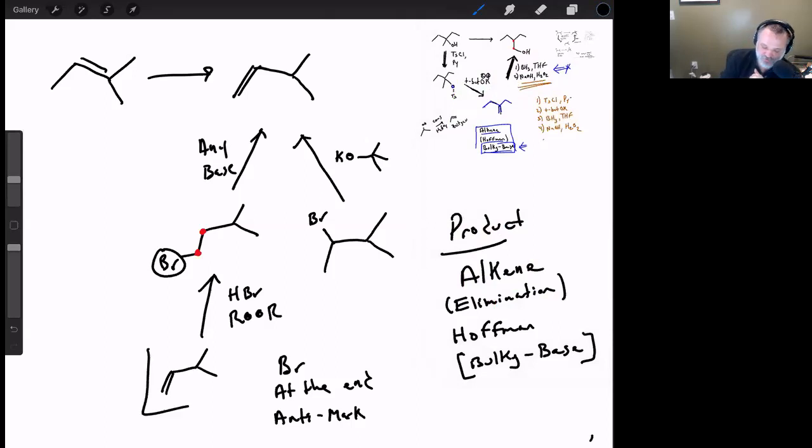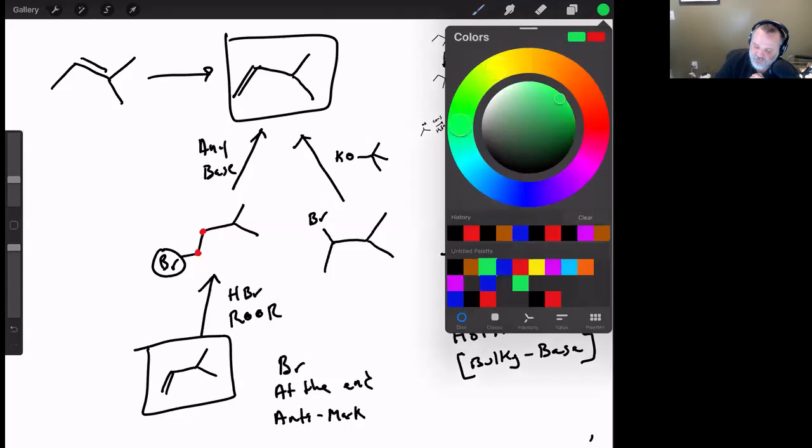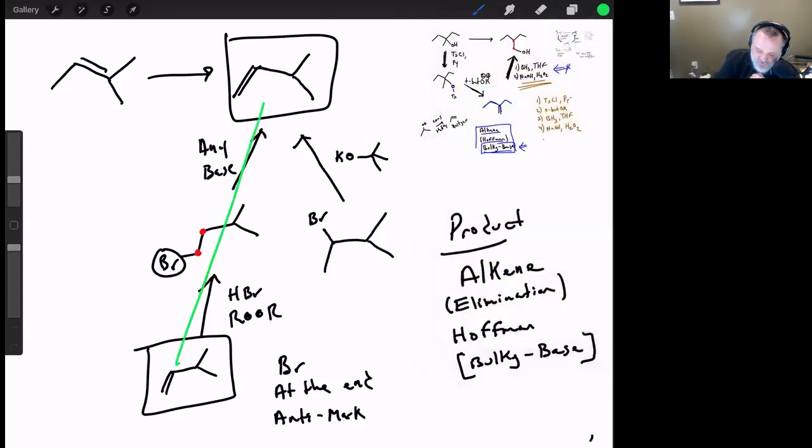Well, what's the deal here? This and this are identical. So you see that you're going in a circle along this path. What that should indicate to you is that this path is not valuable.